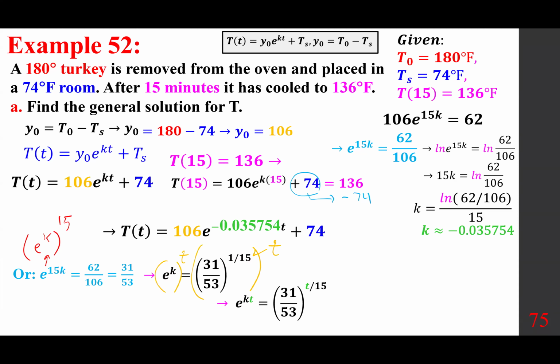That means multiply these two exponents. So e to the power of kt can be replaced by 31 over 53 to the power of t over 15. And please understand these two are identical. This one with the number, where is that? This one. But this is a little bit more precise. Just remember we use the approximation.